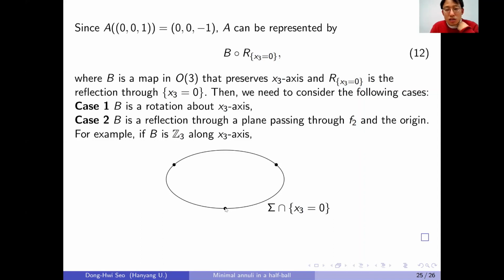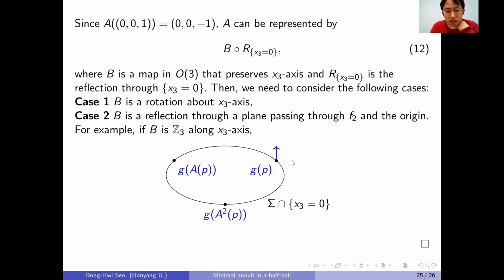And also, if the Gauss map at this point has a non-zero x3 coordinate, let's say positive, then by the relation between A and G, the Gauss map at AP has the reversed x3 coordinate, and by this procedure we have these two directions.